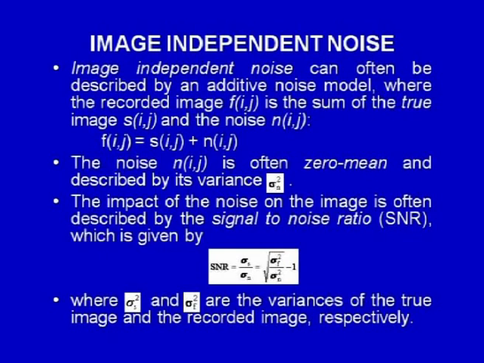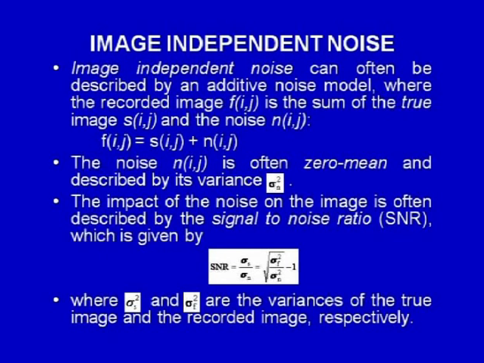So, what is image independent noise? Image independent noise can be described by an additive noise model where the recorded image, which is represented by the function f(i, j), is the sum of the true image s(i, j) and the noise n(i, j), and can be represented by the equation f(i, j) = s(i, j) + n(i, j).